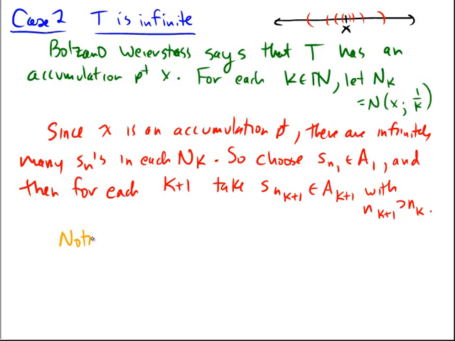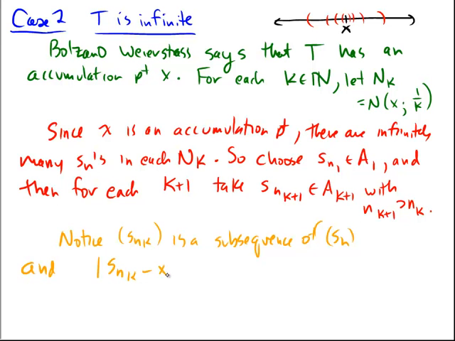Well, notice that now s_{n_k} is a subsequence of s_n, and not only this, but we know that |s_{n_k} - x| is less than 1 over k for all k in N. So from k equals 1 and on, we're always forcing it to be inside of this particular neighborhood, so we're making sure that we're always really close and getting closer to the accumulation point.